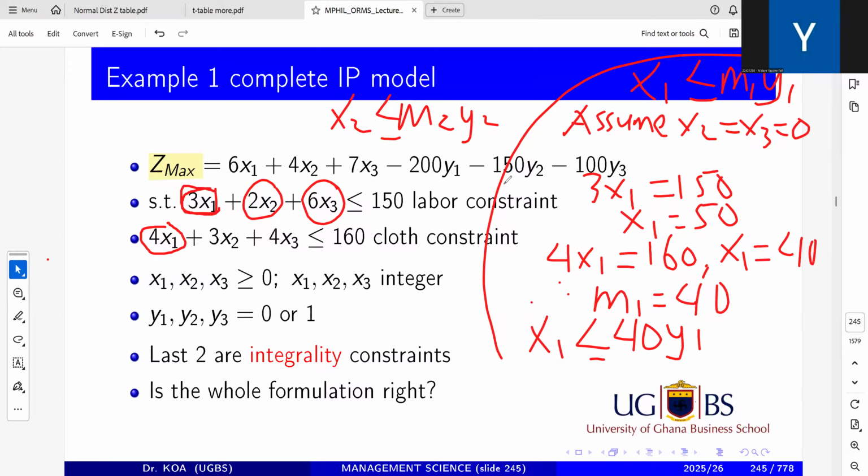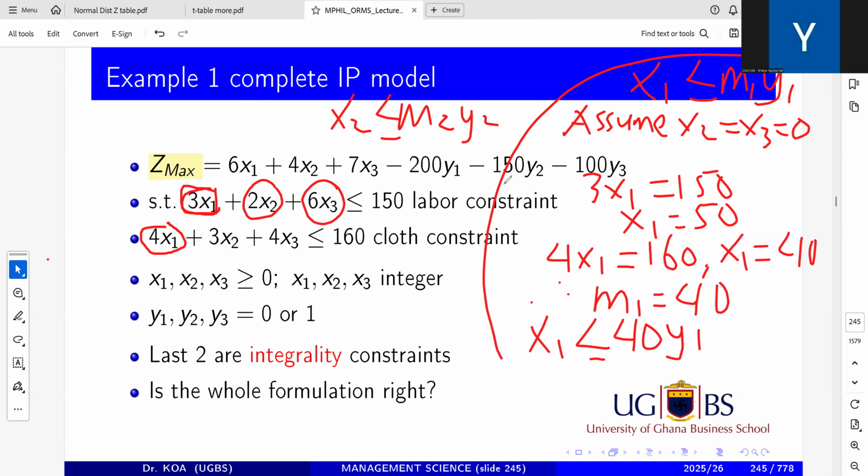I have a question about the X1. Go ahead. So the final answer is X1 is less than or equal to 40 Y1. Does this mean that you get X1 if you have 40 of the Y1 machinery?